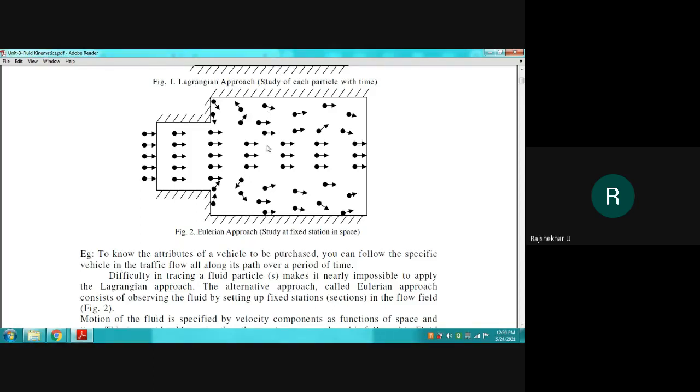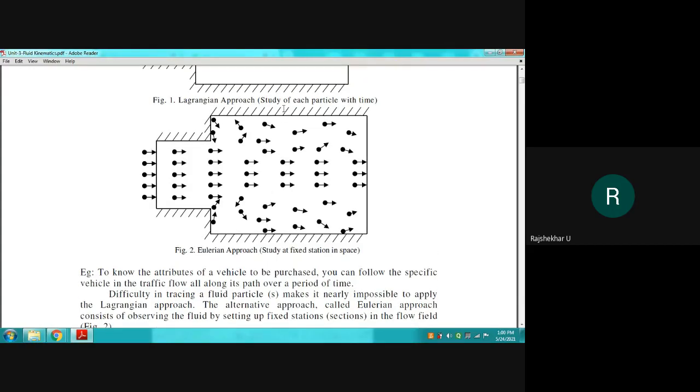We are studying the particles at that place. We are not studying the particle as it is moving. We are not following the particle. We are at a particular place. Let's say we are in the middle somewhere here. We will measure the properties of the fluid when it enters here.